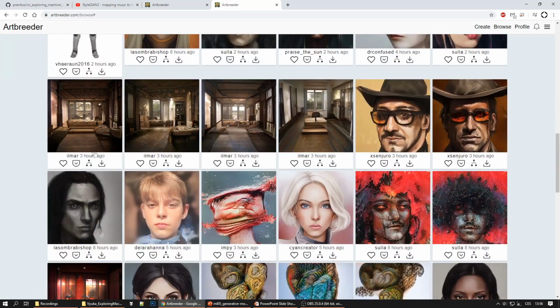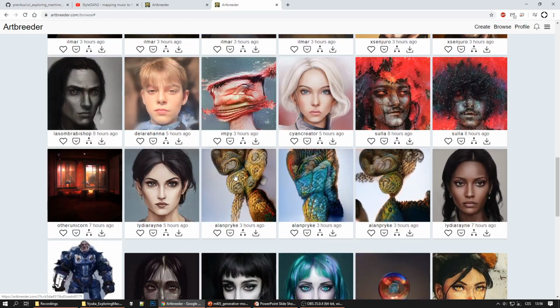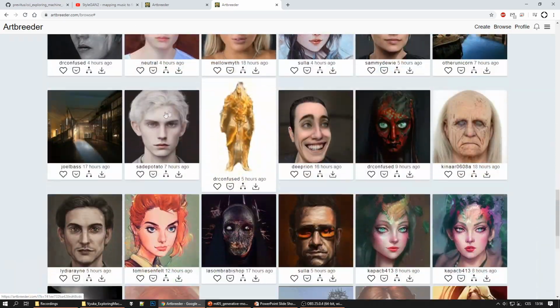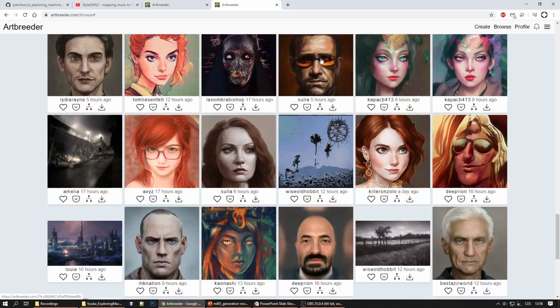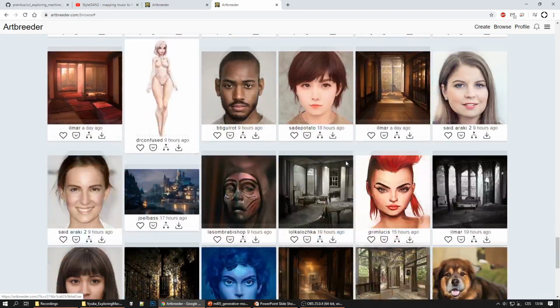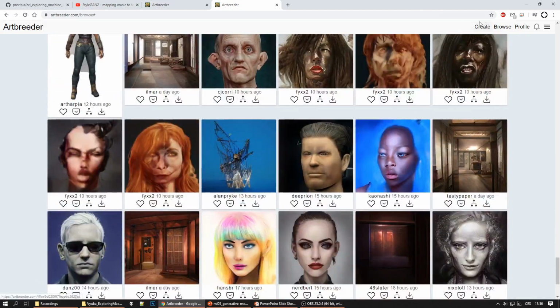And you can see that this could be used as a source of inspiration for other projects, or maybe a quite easy way to generate some resources. You can generate some inspiration for later pieces of art.